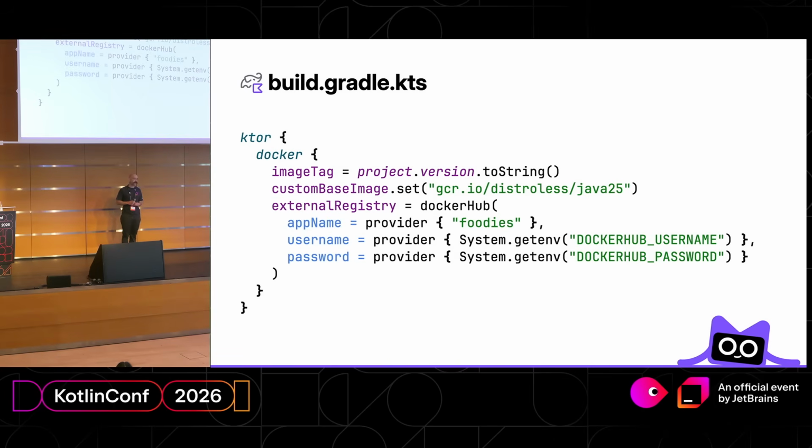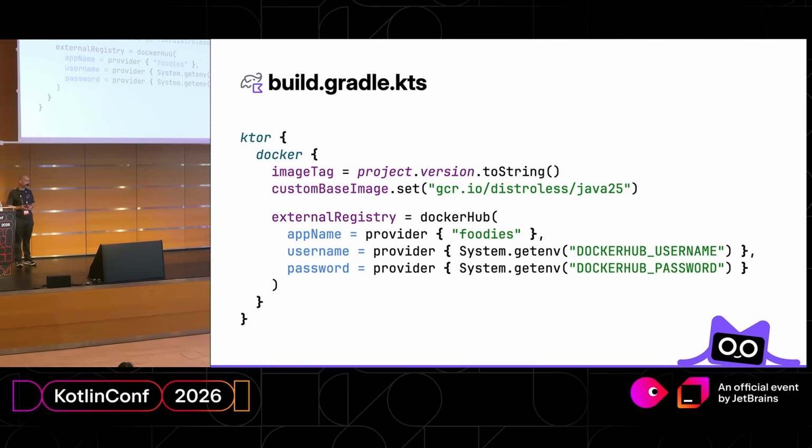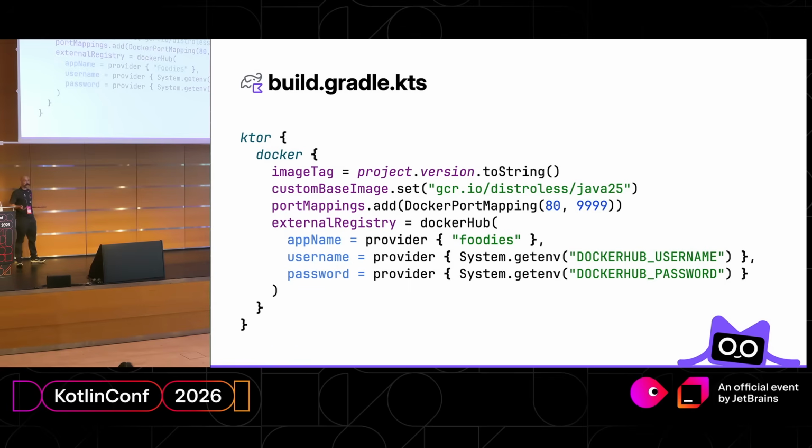There is support for customizing the base image in case you do not want to use the default image. And you can also add additional port mappings. But sometimes this is not all we need to go beyond. And the Docker support in Ktor is built on top of the very well-known Jib Gradle plugin.